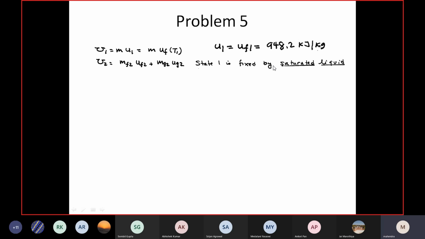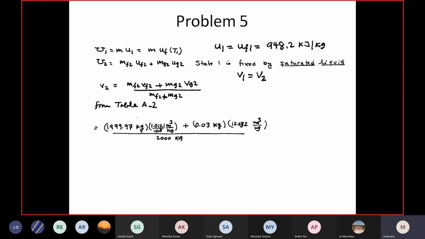State 1 is given in the problem itself as saturated liquid. And volume is obviously the same, volume is not going to change. So from that we have calculated the volume over here. This is with specific volume and we are multiplying with mass, then only it becomes volume.